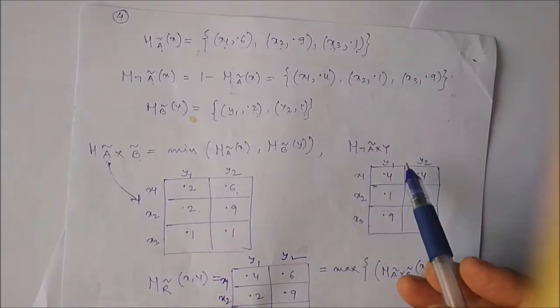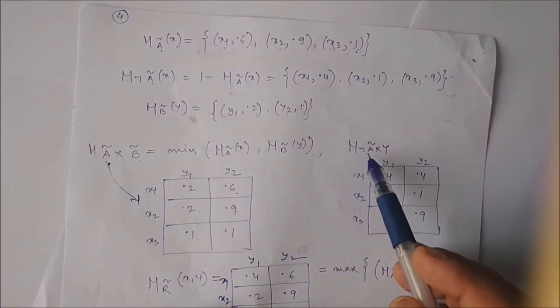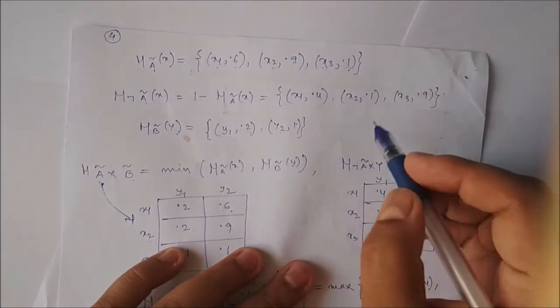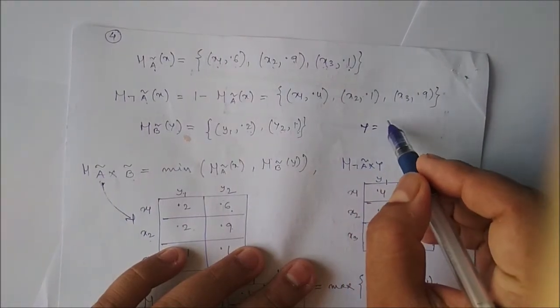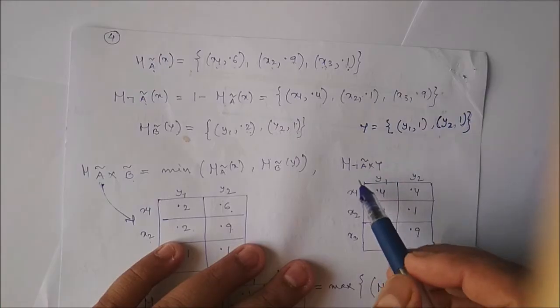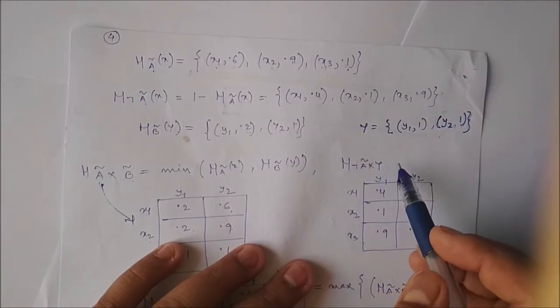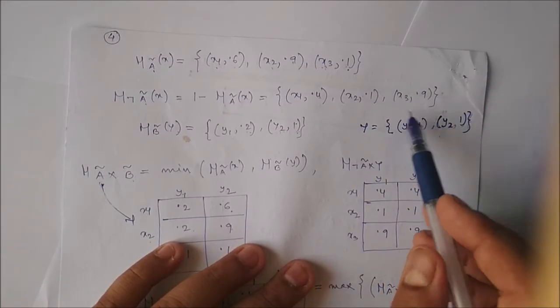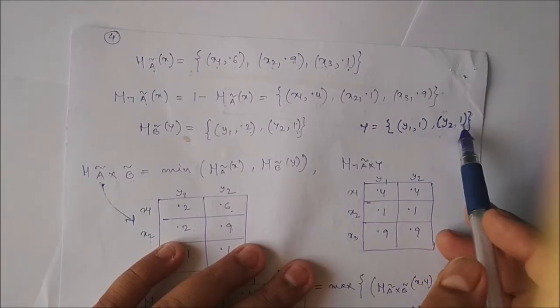Similarly, we can get the membership value of not A cross Y. Y is a universal set, so Y must contain all the elements with membership values 1.